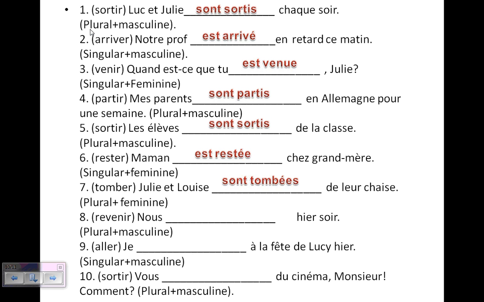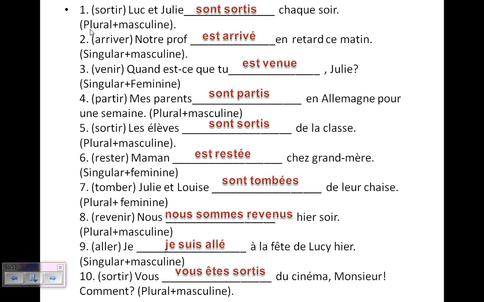Julie et Louise, it's 2 feminine names. 8. Nous sommes revenus. Look, it's nous. It's masculine and it's plural. Revenu adds an S to the end of the past participle. And then 9. Je suis allé. Je suis allé. Singular masculine. That's how you spell it.